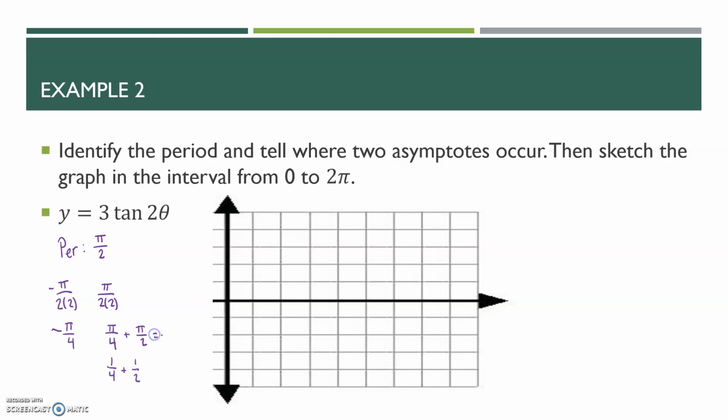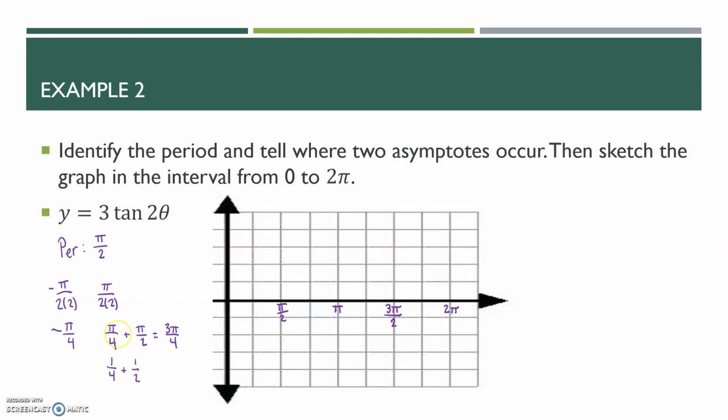That would give me 3/4, or 3 pi over 4. So I'm going to label this 2 pi. I'm going to put my midpoint of pi. And then I'm going to go ahead and put pi over 2 and 3 pi over 2. These again are just the special points that I think are helpful to put on there.